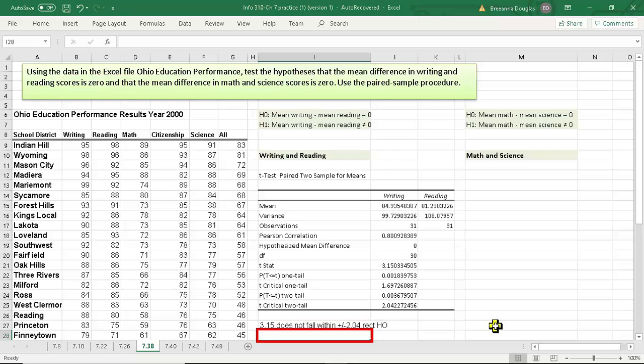This is verified by the fact that our p-value of 0.004 is less than our significance level of 0.05. This means there is a difference in the mean writing and reading scores.